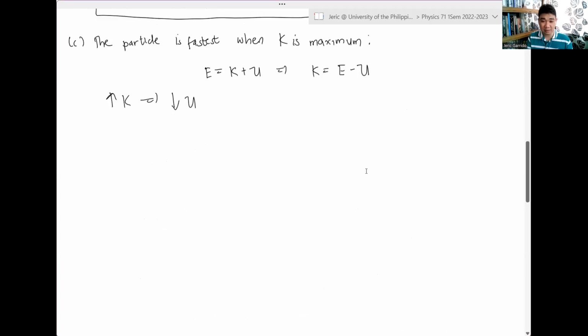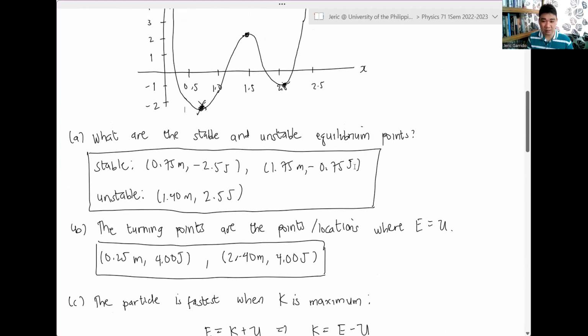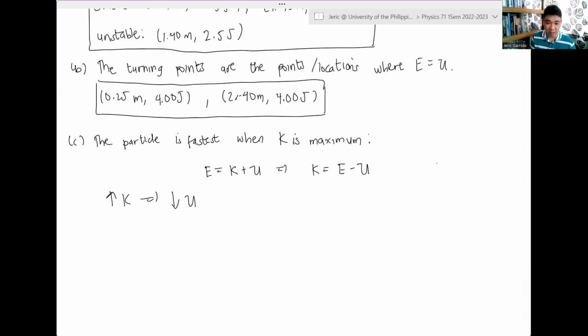So in that case, I'll be using the stable equilibrium point, 0.75 meters, negative 2.5 joules. So the potential energy is minimum at 0.75 meters, negative 2.5 joules.